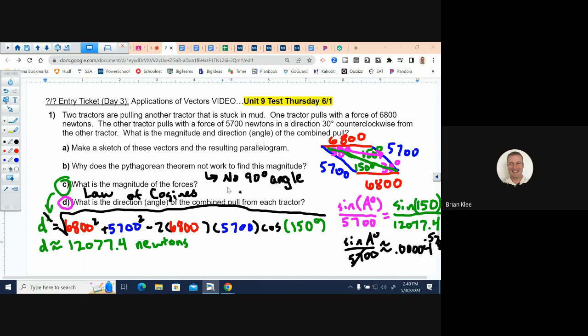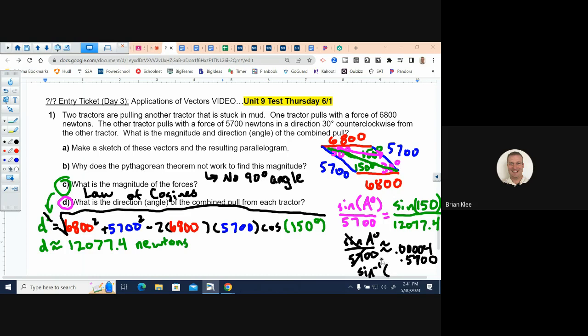And the way you cancel out sine is sine inverse. So that 0.00004, again, it shows up on my calculator as 4.1399 something something E -5.